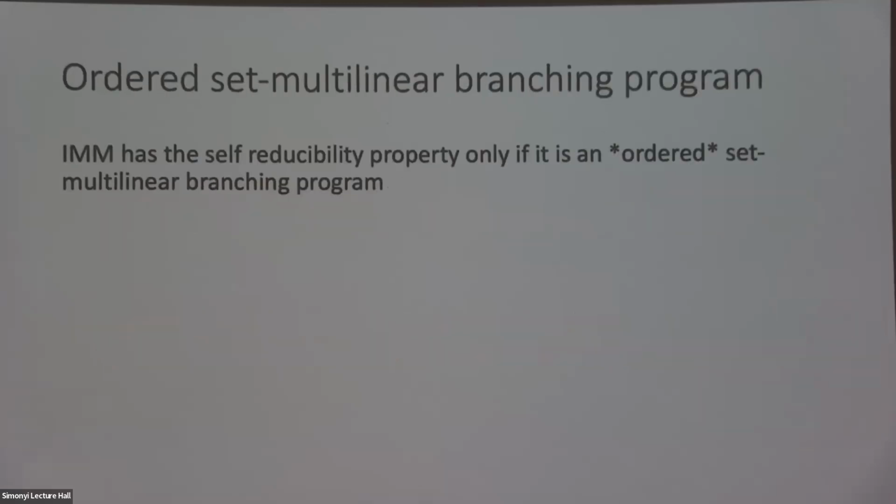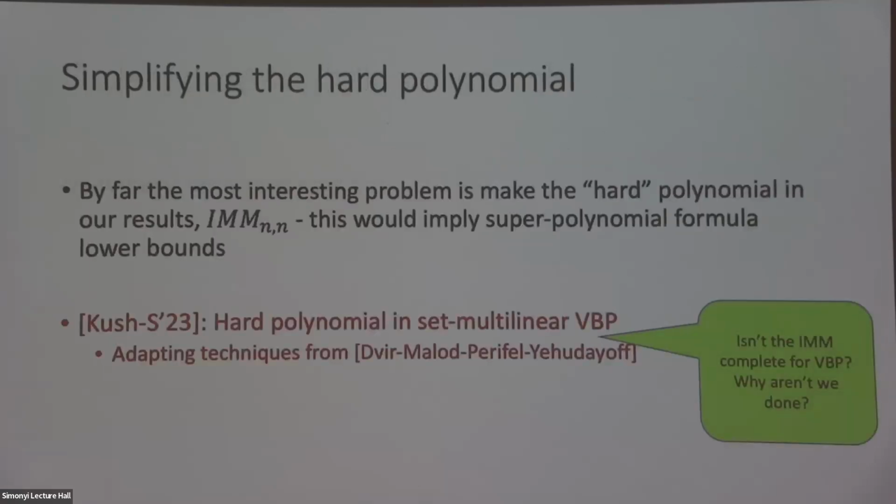Turns out we don't know, and we don't think so, because the problem is that these matrices may not be variable disjoint. So the IMM polynomial, when I said it had this self-reducibility property, the product of n matrices, you can compute by using algorithms for computing products of fewer matrices at a time. That IMM polynomial was the product of variable disjoint matrices.